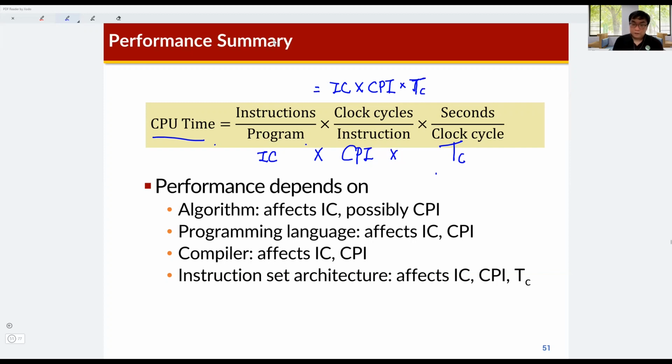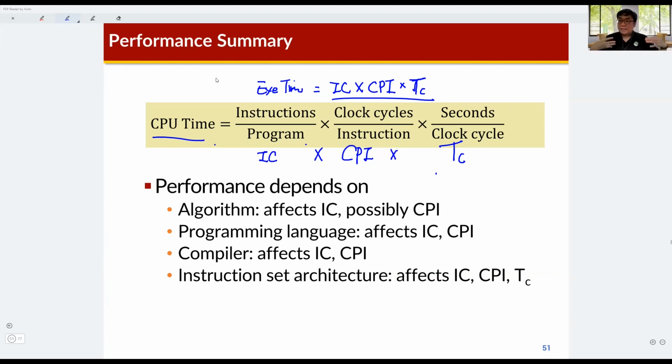That is the execution time we frequently use. So this is the equation of the CPU time we frequently use in computer systems. And I already mentioned that if we see this equation, then we can explain the factors that influence the performance of a computer system.